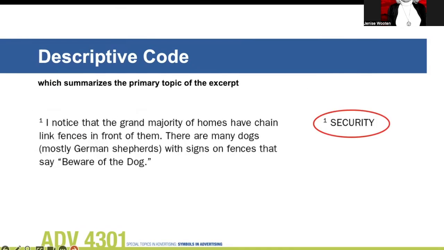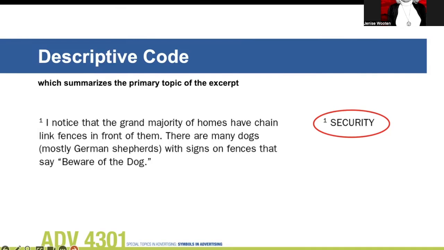This is an example of coded data. It looks like this whenever someone takes their field notes about the subject that they're analyzing, that they're researching, and starts putting codes on it so that they can give a broader meaning. They can start summing up what it is that they've actually been researching.